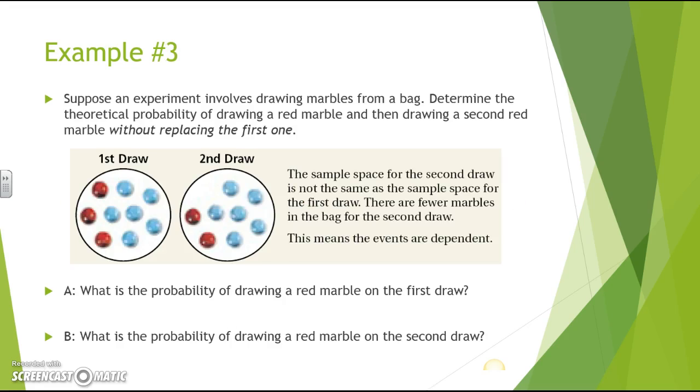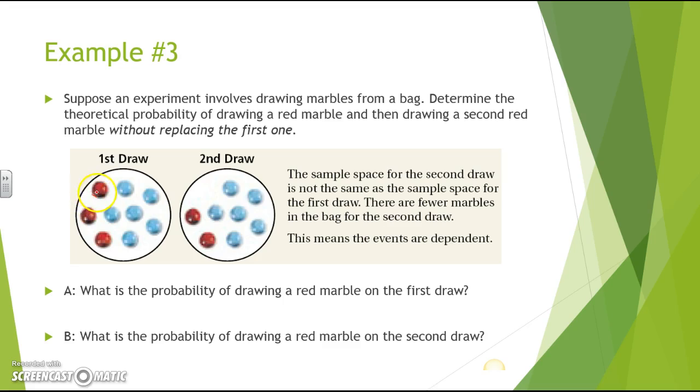Our last example here, we have a bag with marbles in them. It says, suppose an experiment involves drawing marbles from a bag. Determine the theoretical probability of drawing a red marble and then drawing a second red marble without replacing the first one. So here's our first draw.